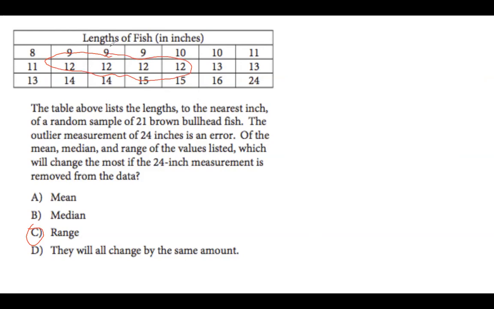And the mean will shift if you don't include the 24th measurement. However, there's 20 other measurements in the data set, so they will anchor it and it won't shift that much. In the case of the range though, you're shifting from 24 minus 8 to 16 minus 8, so it's a big jump, and therefore range is the answer.